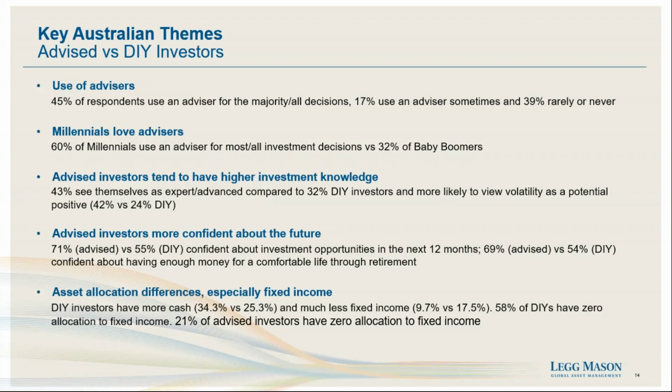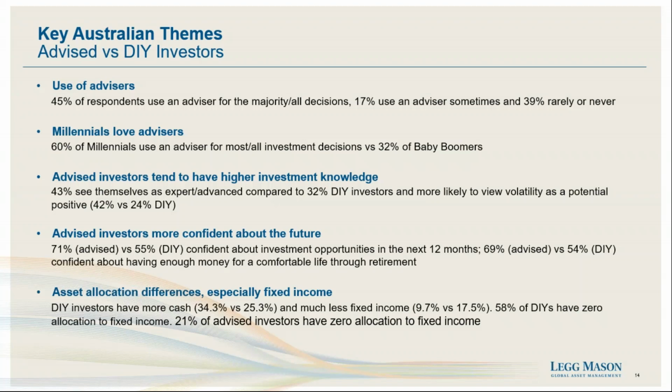So a few points. First of all, how many use advisors? 45% of respondents in the survey use an advisor for the majority or all of their decisions, and 17% are using an advisor sometimes. So a reasonably big part of the survey respondents use an advisor. The second one is quite an interesting point for us. It kind of surprised us a little bit, if I'm honest, that millennials love advisors.